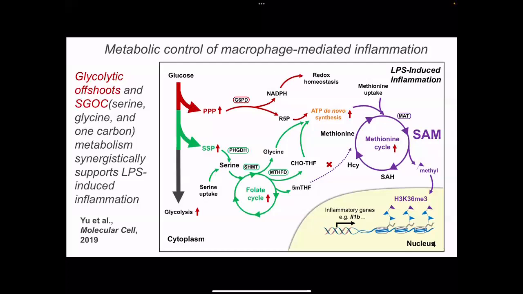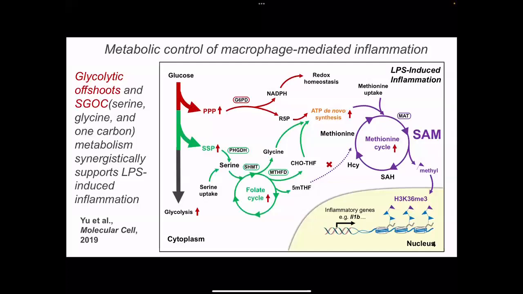And we found that glucose-derived ribose and the one-carbon units fed by both glucose and extracellular serine are synergistically integrated into the methionine cycle through de novo ATP synthesis and fuel the generation of a very important metabolite, SAM, during the LPS stimulation.